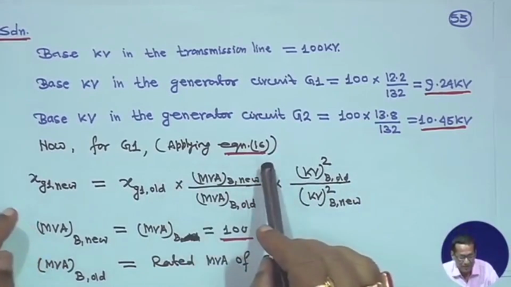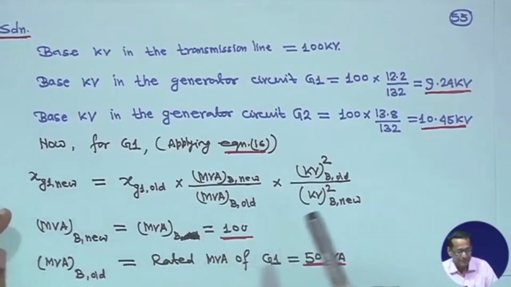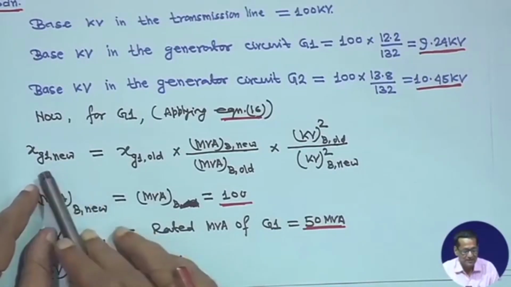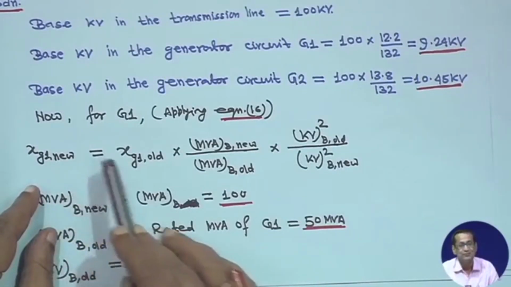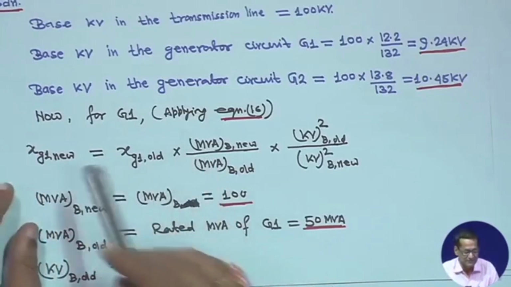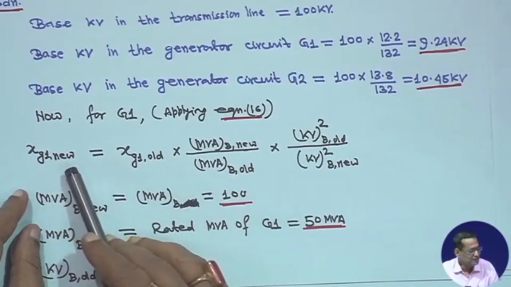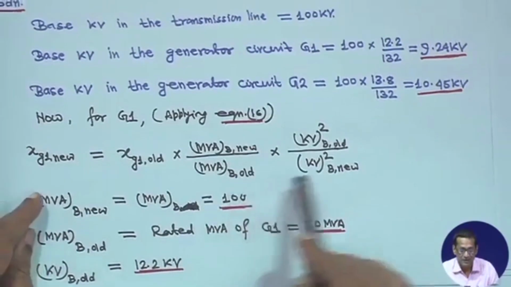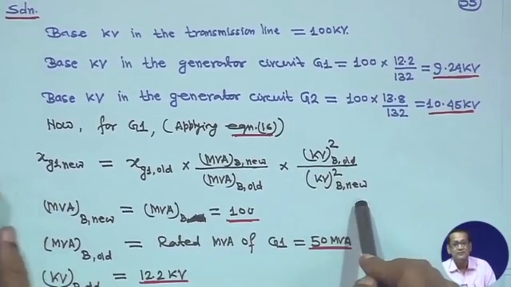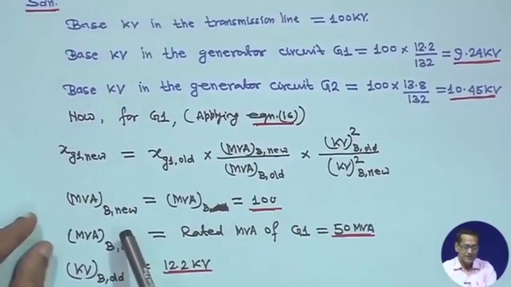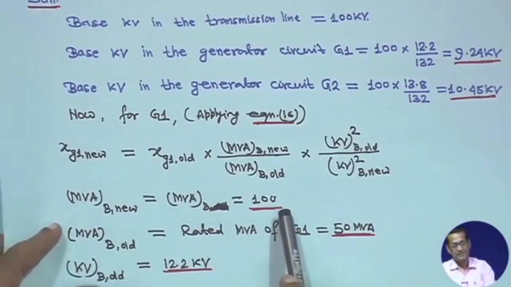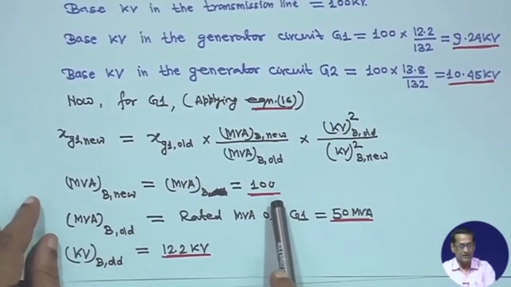Now, for G1 you apply equation 16. Equation 16 we are writing here; there it was written as x new is equal to x old something, but in general, x g1 new is equal to x g1 old into MVA base new upon MVA base old into kV base old squared upon kV base new squared. You assume that MVA base new is equal to 100.